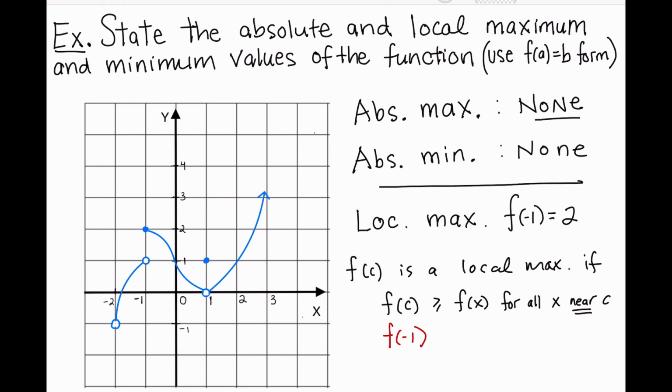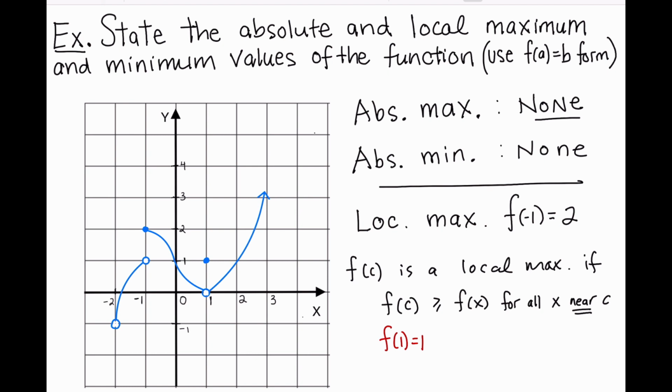So let's see if there are any other local maxes. I'm also interested in what's going on over here at this point. At f of 1, the value of the function is 1. Let me just note that here. The function is defined on both sides of 1, so it satisfies the condition that we need for local maxes and mins.